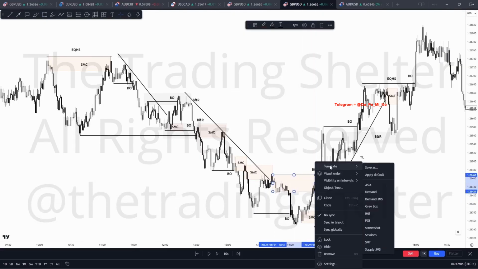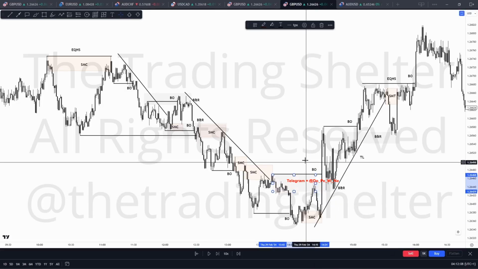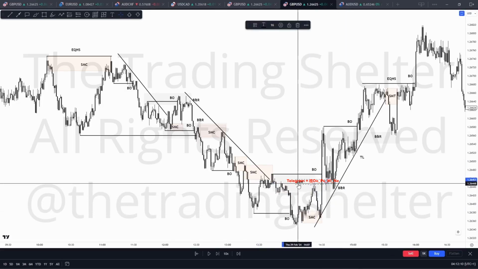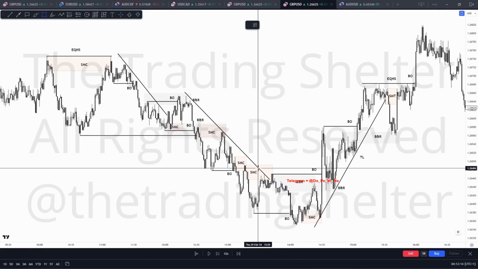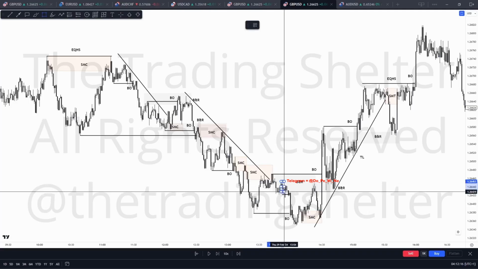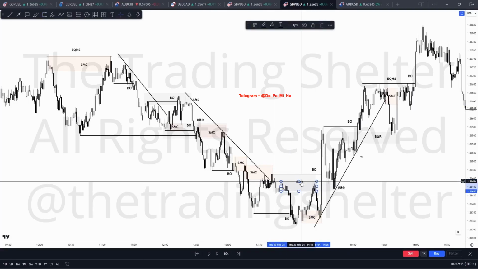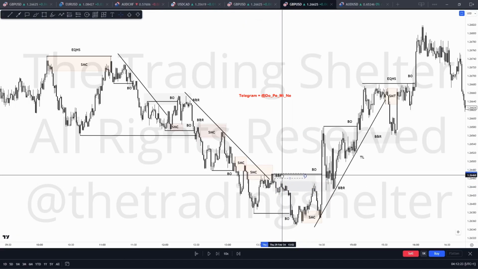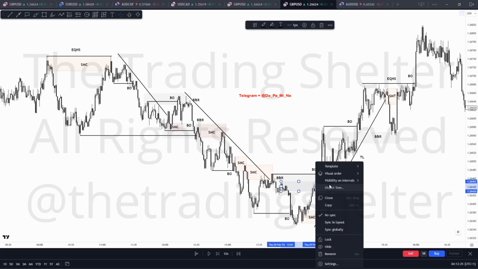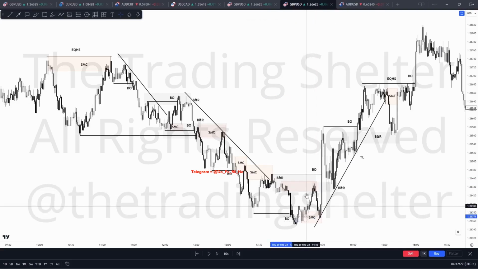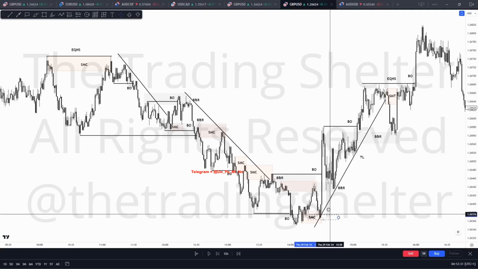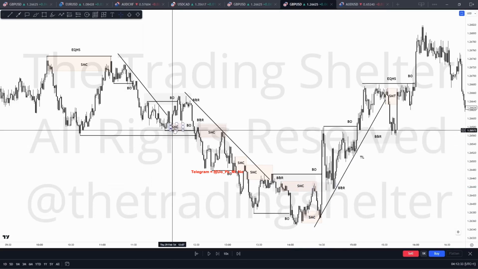So maybe there's break and retest traders entering here also. Let's put it like this, SMC traders entering here. Let's not go too much complex.